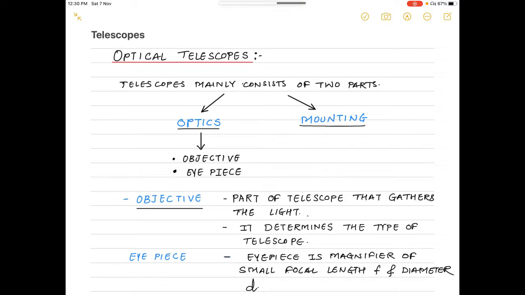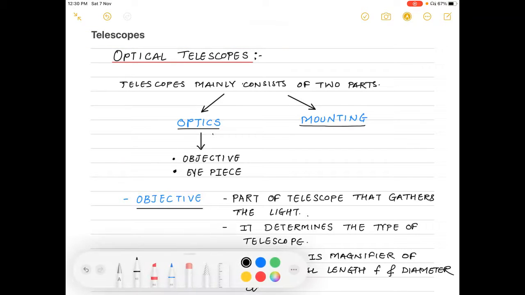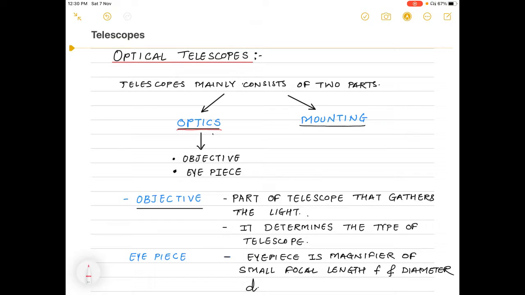Now, optical telescopes mainly consist of two parts, that is the optics and the mounting. What is optics?